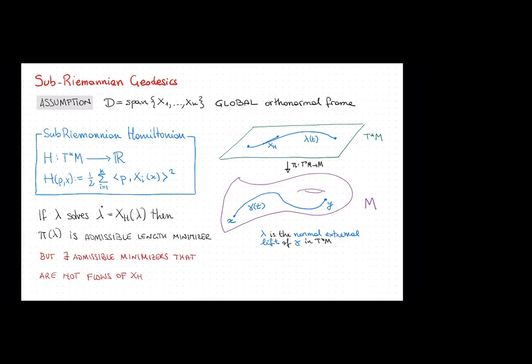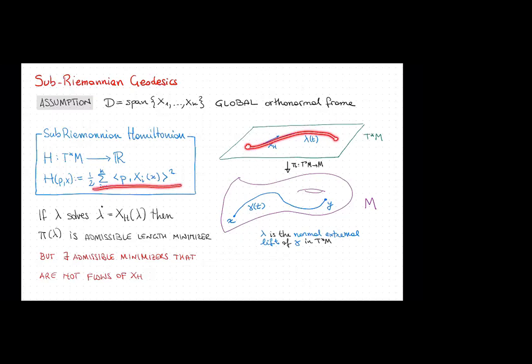But the important point is that we can lift the problem of finding these length-minimizing curves with constraints on the velocities to a Hamiltonian on the cotangent bundle. And that is a genuine, well-defined Hamiltonian. So instead, our Hamiltonian lives up here.